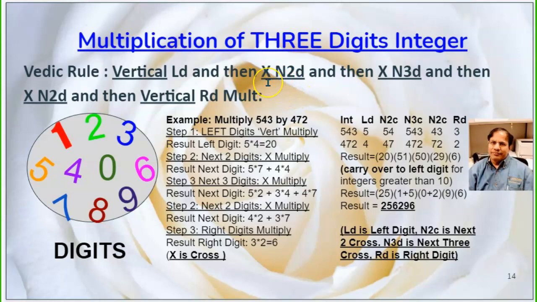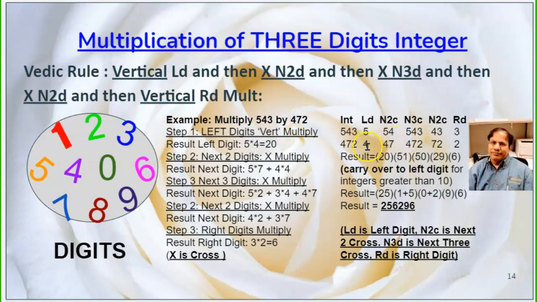So I use capital X for cross, that means multiplication, and the symbol N2D, seen here at the top, where we say number of digits, 2 digits at a time, and then we have X N3D, that means we have to use 3 digits at a time, and then we use X cross N2D, the next 2 digits, and then we vertically multiply the right digits.